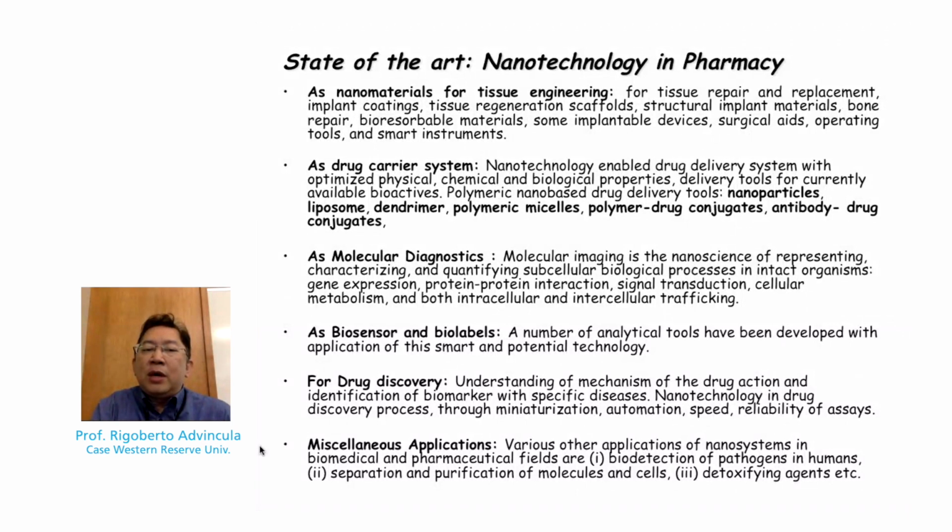And certainly a big word is drug discovery, or ways by which one can enhance or do high throughput drug discovery through identification of biomarkers, specific diseases. And beyond this, there are many applications of nanosystems and polymers, in particular for detection of pathogens, detoxification, separation, purification, and so on.